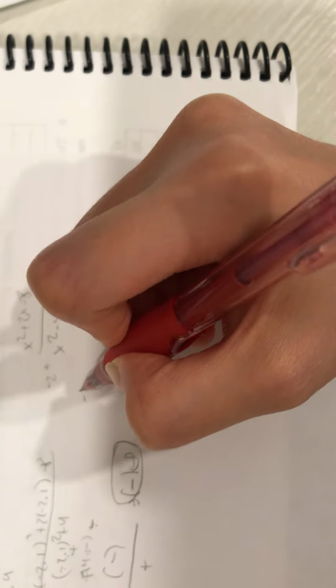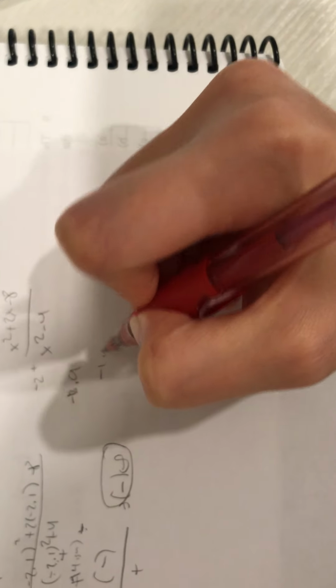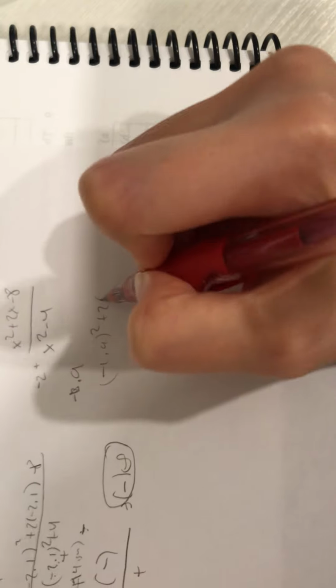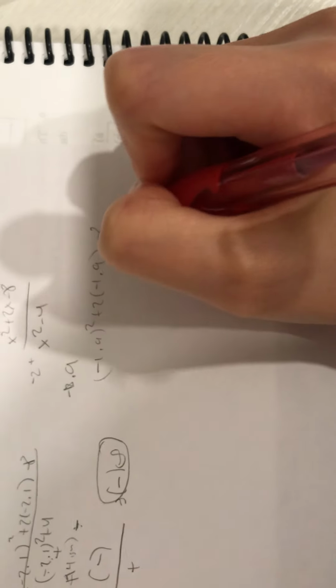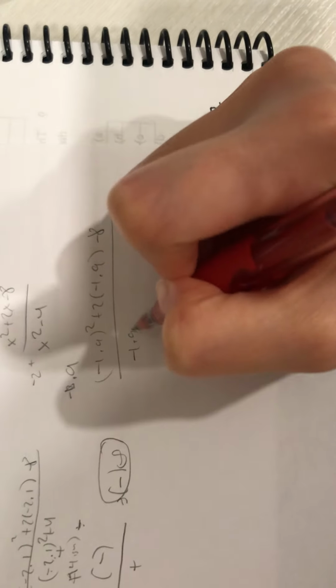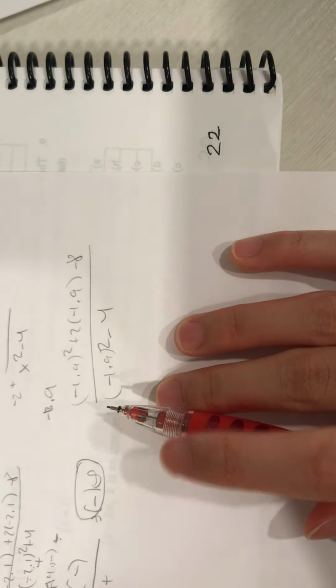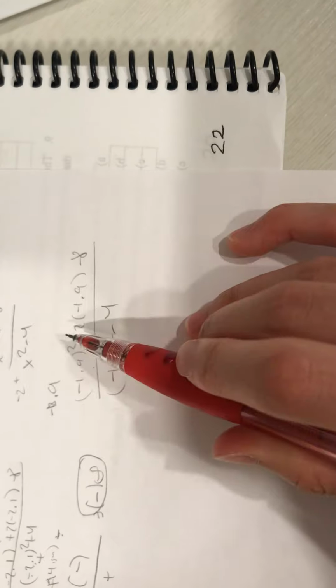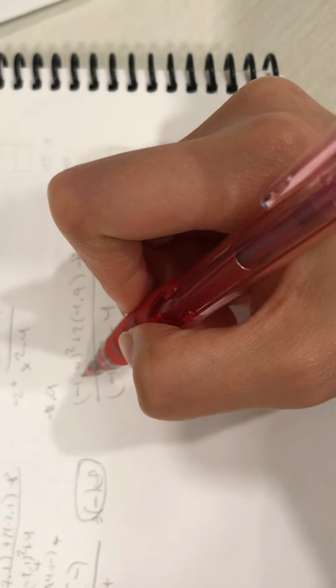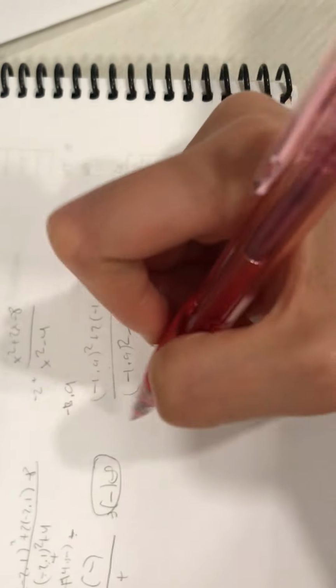So here we said that we would use negative 1.9, so negative 1.9 squared plus 2 times negative 1.9 minus 8 all over negative 1.9 squared minus 4. Negative 1.9 squared is a little less than 4, but it's positive.